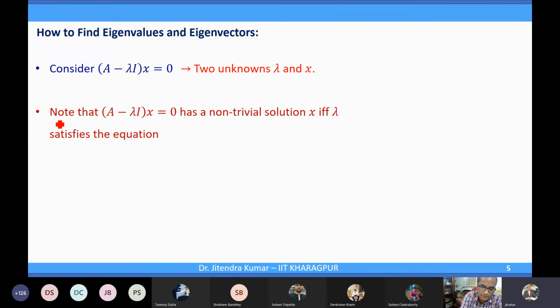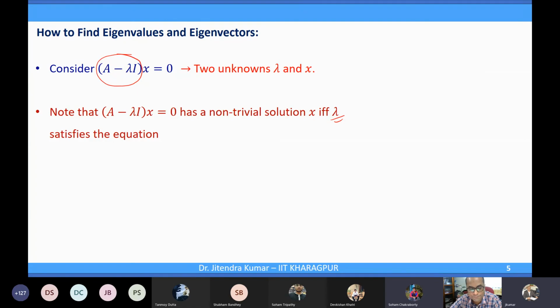The only information that will help us now is that in our definition we said x will be a non-zero vector. x will be a non-trivial solution of this system of equations. So to have a non-trivial solution, what should be the condition on this matrix A minus lambda I?